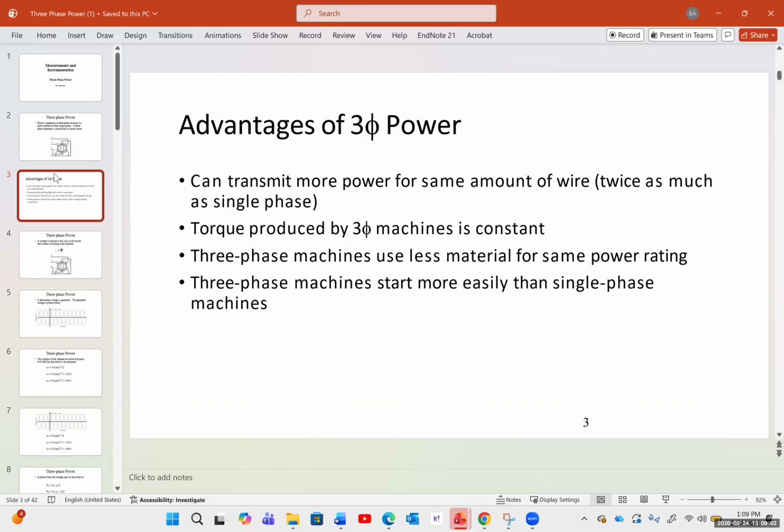Now, I have experience doing a lot of repair and buying motors for different industrial applications, and I'll give you an example. A 10 kilowatt single-phase motor would be around, let's say, $1,000. The same power, 10 kilowatt three-phase, would be $600-700.